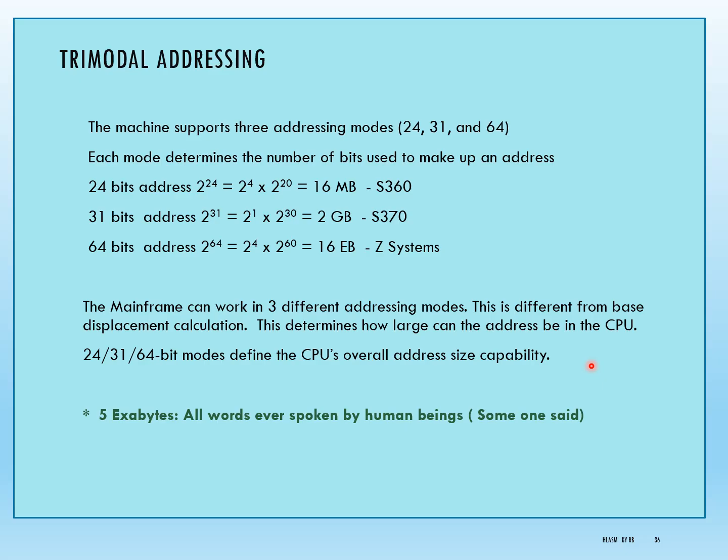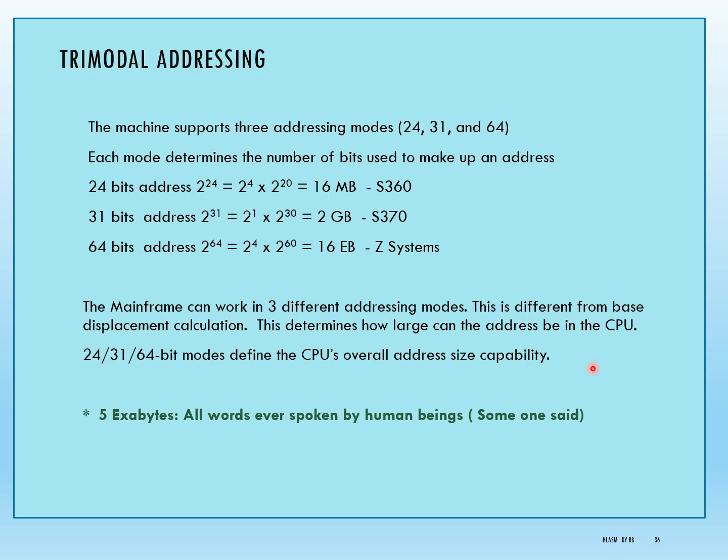There are two particular bits which will tell the system whether it is running 24 or 31 or 64. Again, don't worry too much about it, but just understand there might be very old programs which can run only in 24-bit address mode. But most of the programs today you can run anywhere.